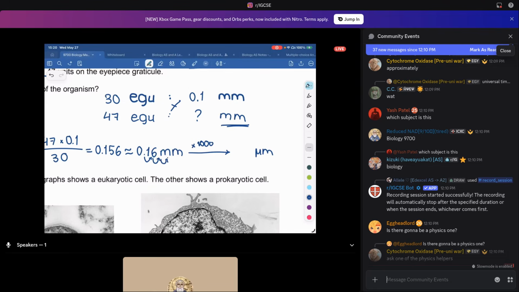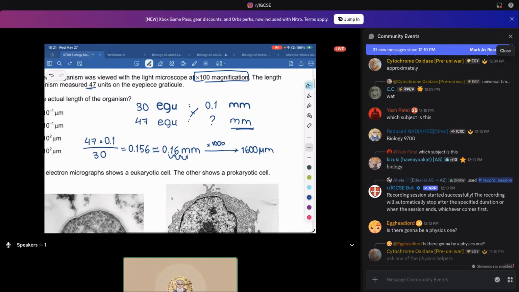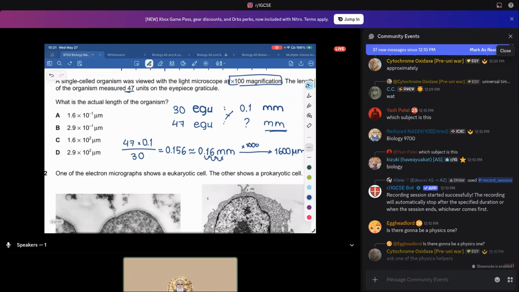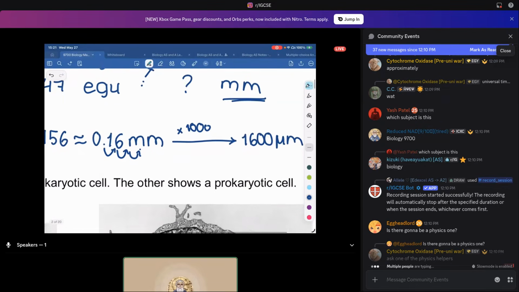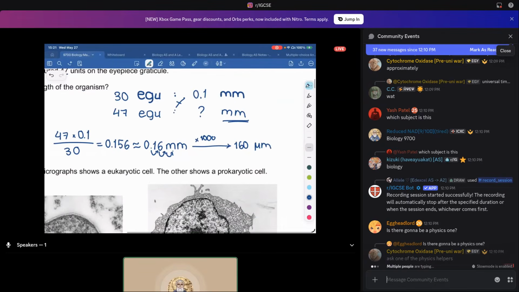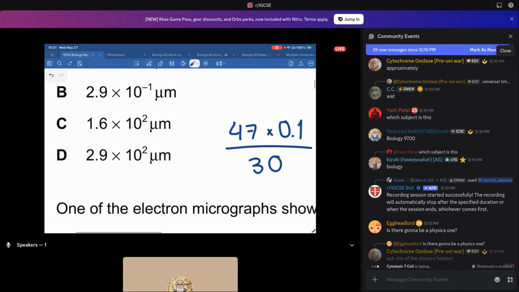Moving the decimal point 3 places would be 1600 micrometers. Sorry, that would be 160 micrometers. I can't find a 160 here.